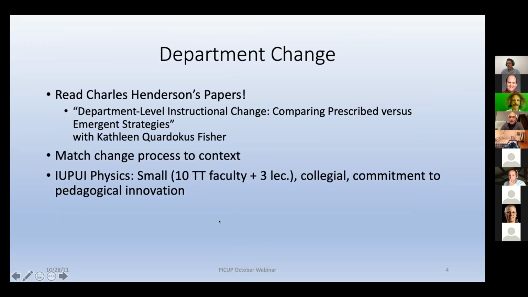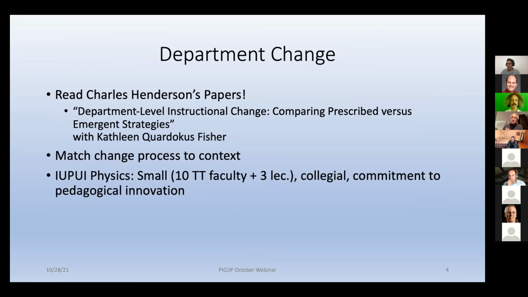Okay, so as Andy said, I'm going to talk about some of the processes that our department undertook, because this is a department-wide effort. If you want every course to have some computation in it, then we need buy-in from essentially every single faculty member.